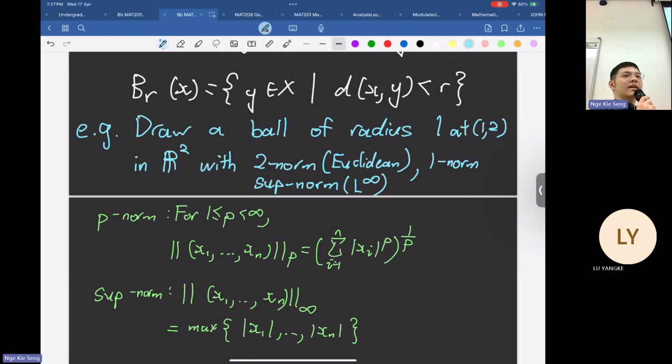Infinity norm. I never saw that notation.